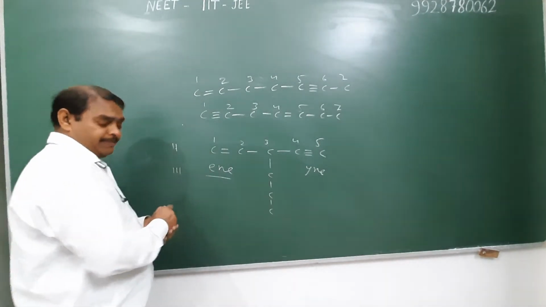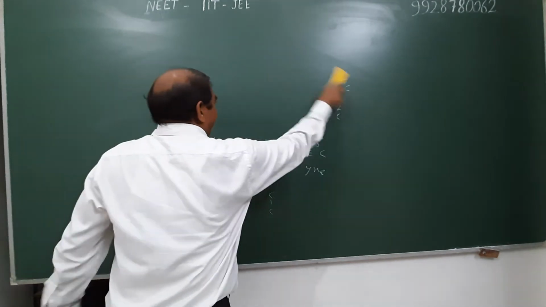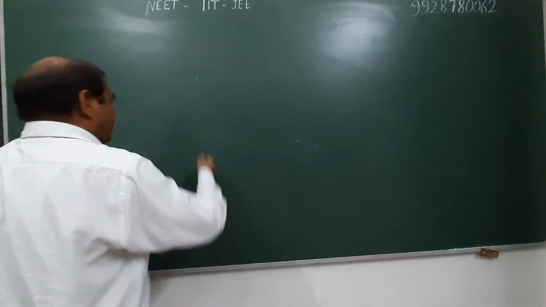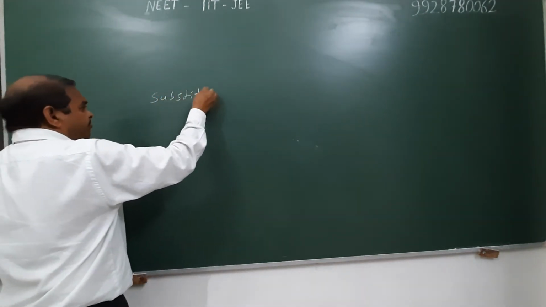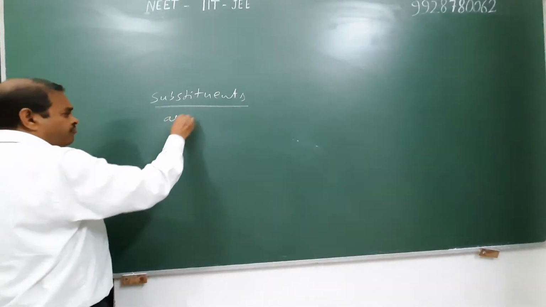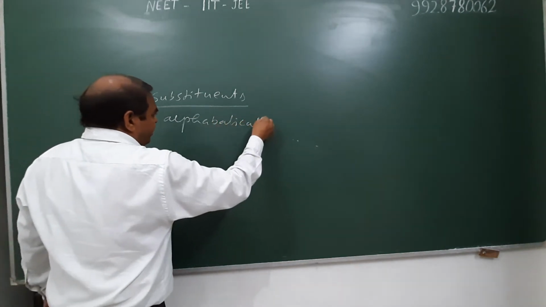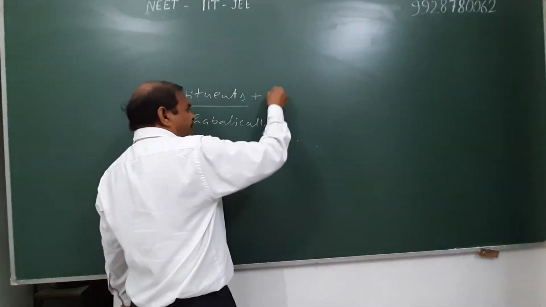The order of naming. Like other hydrocarbons or other compounds, we write the name of the substituent first, alphabetically. Then write the root word.